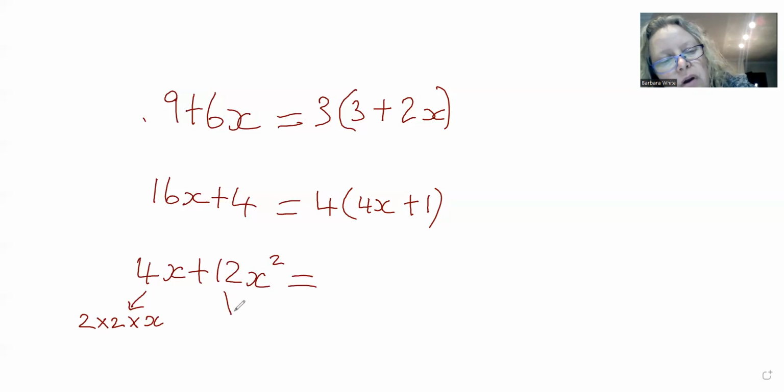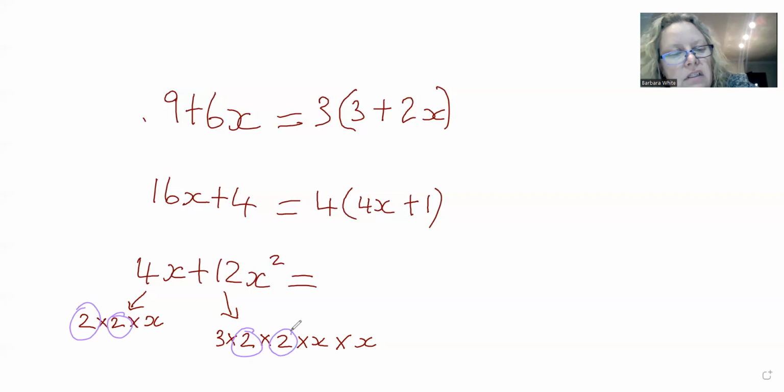And this factorized is 3 times 2, that's 6 times 2, times x times x. What do you see in common? Well, I see a 2. There it is. I see another 2. There it is. Oh, I made this even harder than I meant to. And I see an x there, and there it is.